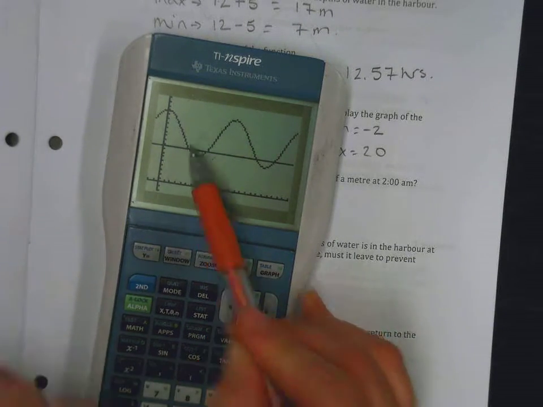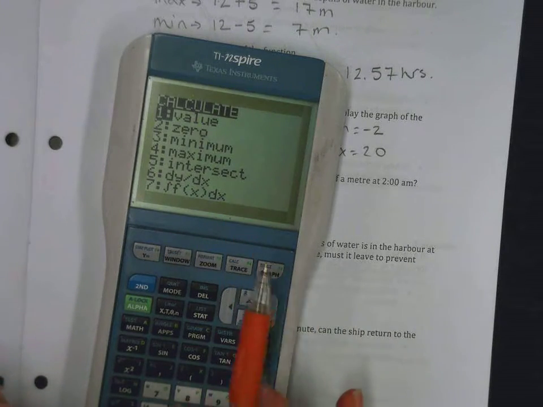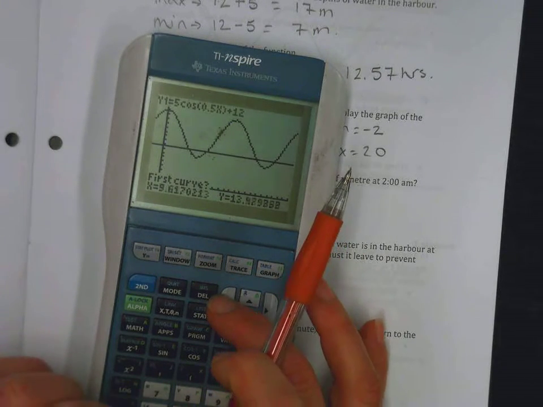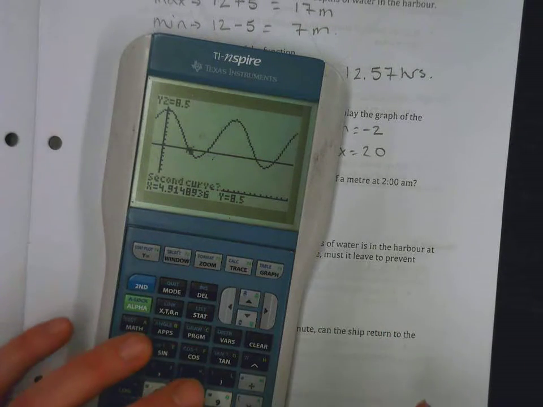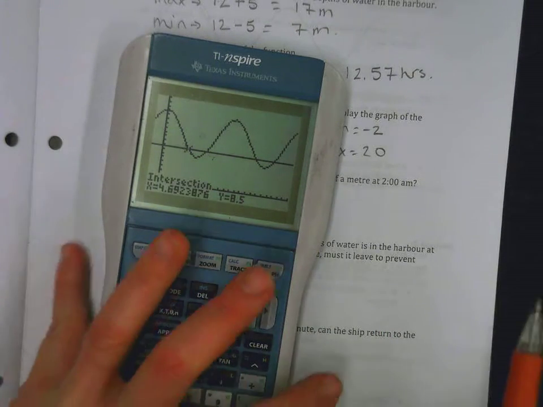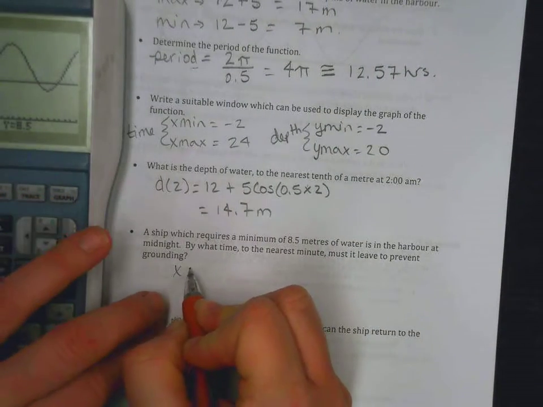So it wants to leave at this point. So I'm going to go second trace, number 5 for intersect, to find that intersection point. And that gives me 4.692 approximately, my first value.